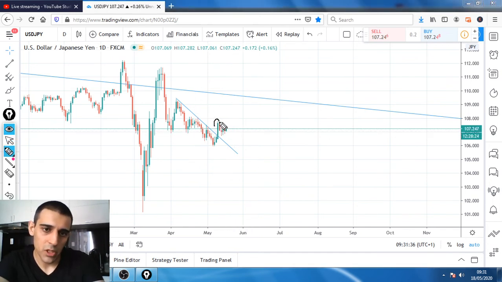We have this very strong bullish daily candle, and this was meant to be a retracement, but we're starting to go into a sort of choppy mode on the daily time frame. It's up, down, and then last week we had down on Friday, which put in a sort of spinning top, and then today it's coming back up.